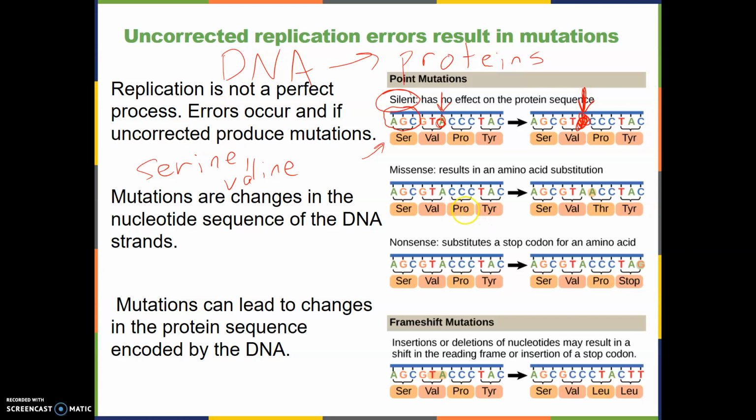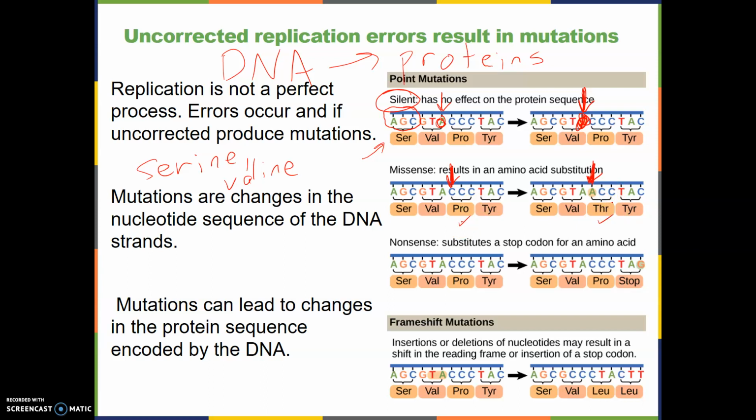What we had was proline here, and it looks like an A. Yeah, this is a point mutation where the C becomes an A. And that CCC codes for proline, but when it becomes ACC, that codes for threonine.